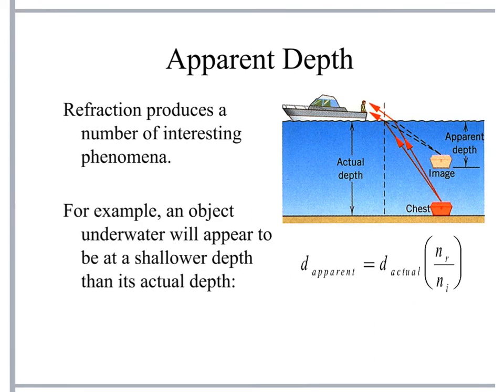So refraction is also really interesting because it really screws with our eyes. So for example, if there is an object in the water, then light bouncing off the object and into our eyes is refracting on the way. And so the apparent depth of that object is usually a lot shallower than it actually is.